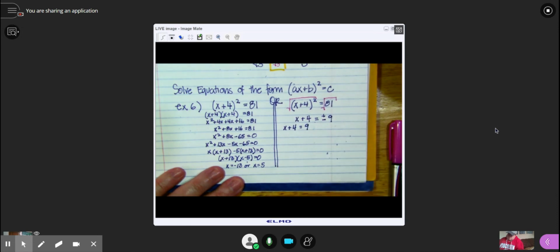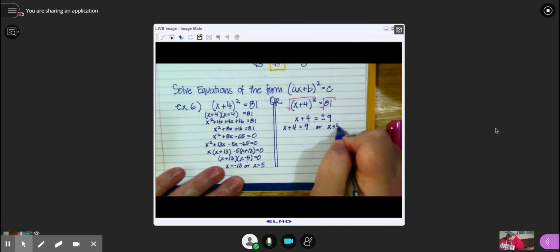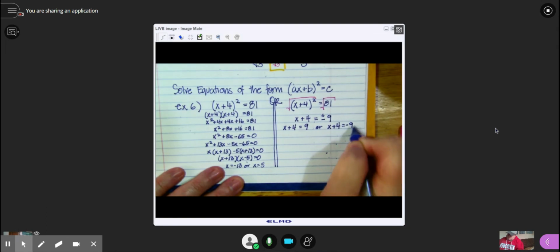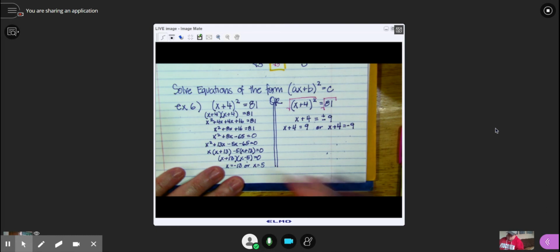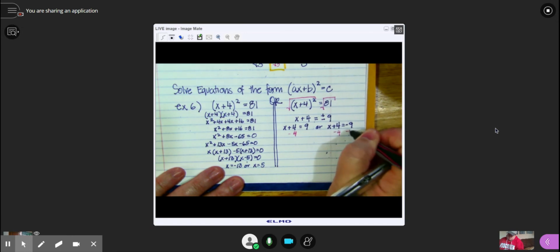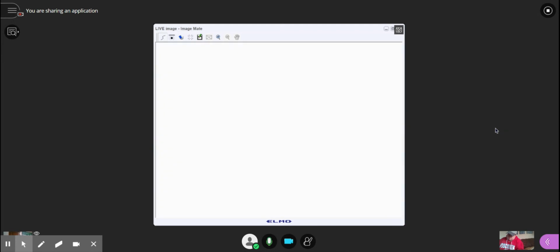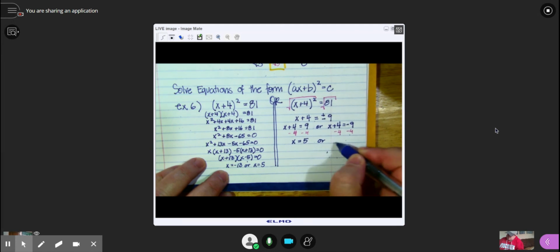So x plus 4 would be equal to 9, or x plus 4 would be equal to a negative 9, giving me x is equal to 5 or x is equal to a negative 13.